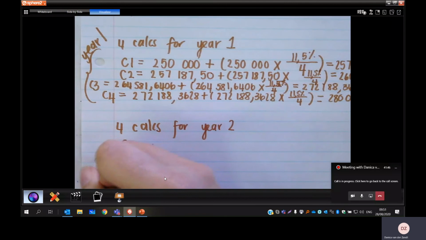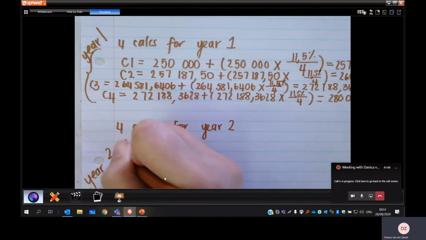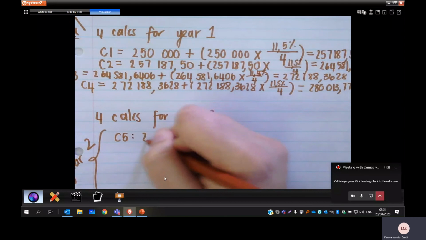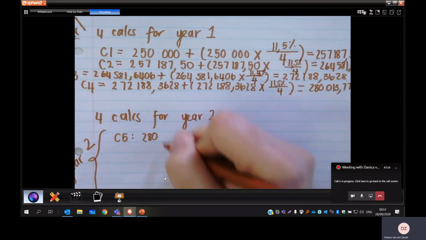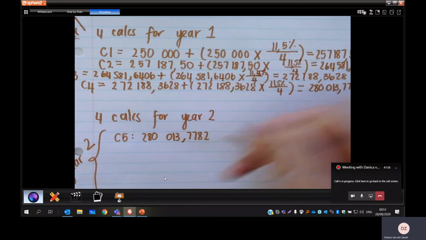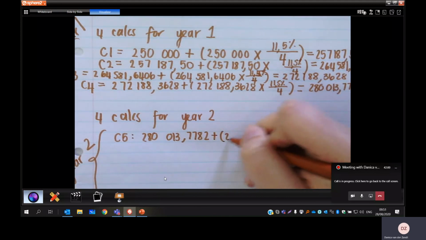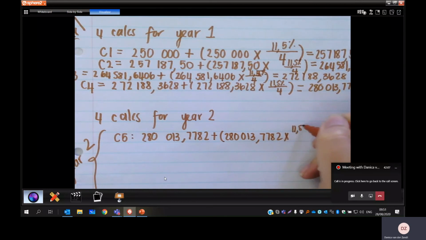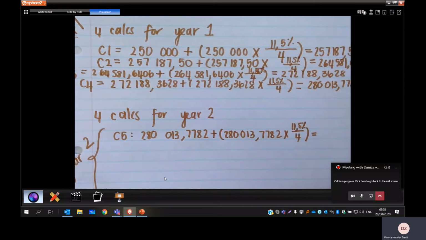But the next of these is now in my second year. So compound 5 starts with that 280,013.7782, still timesing by the 11.5% over 4 because my interest rate did not change. My number of compounds did not change.